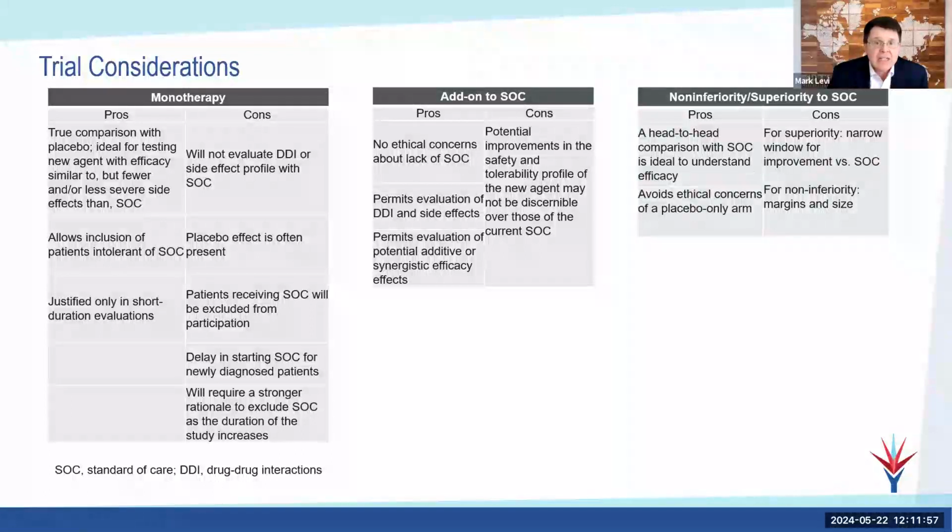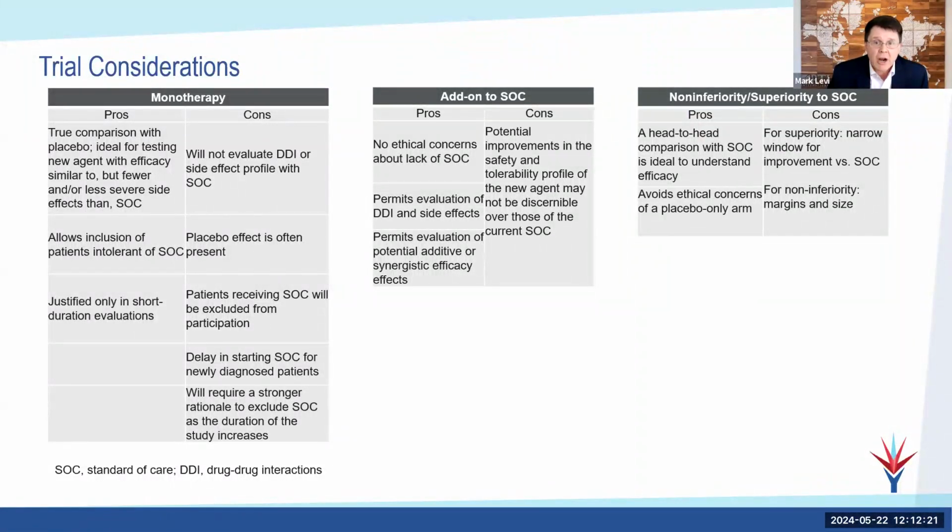Now, non-inferiority or superiority to standard of care puts the experimental drug up against standard of care. You really will know efficacy. It's either as good as or better than. And you don't have the ethical concern of a placebo-only arm.